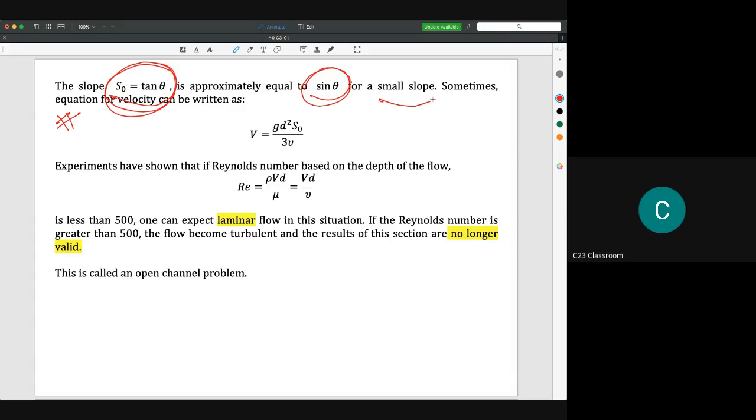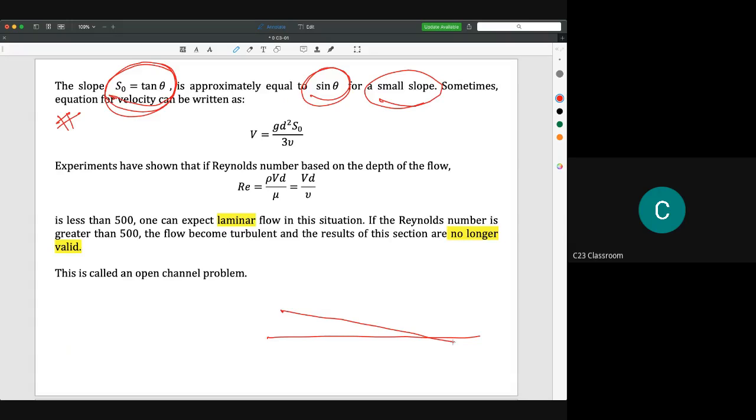So why is the slope very small? This is the reality about open channel. Open channel means research about drainage, rivers, and so on and so forth. If you are a civil engineer, you are going to design your sewage or drainage or whatever to drain water with a free surface.